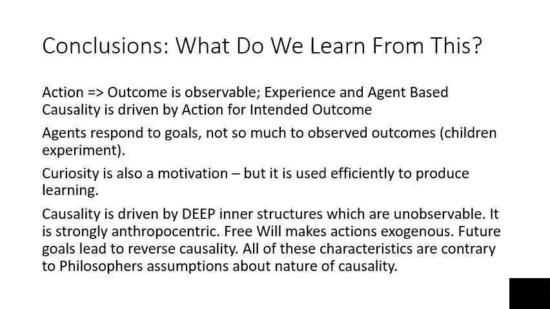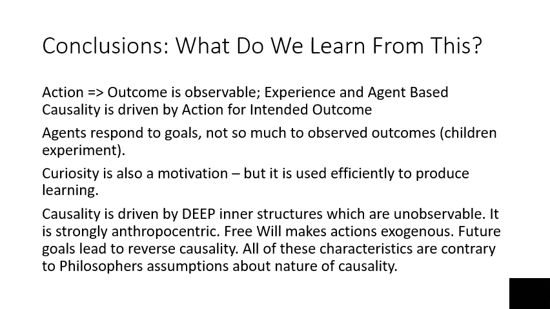There's an interesting children's experiment where if adults try to do something, even if they fail, like you push a button and you try to turn something on, even if the adults fail, the children infer that something might happen if you push the button, and they try to do it. So they're looking at the goals and not at the observed outcomes.